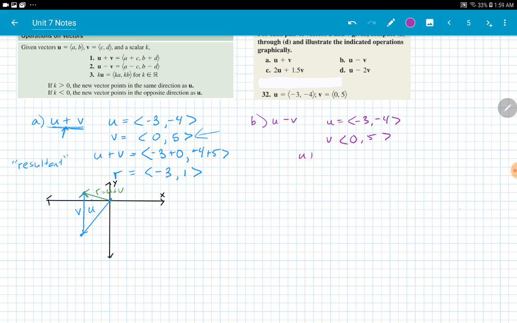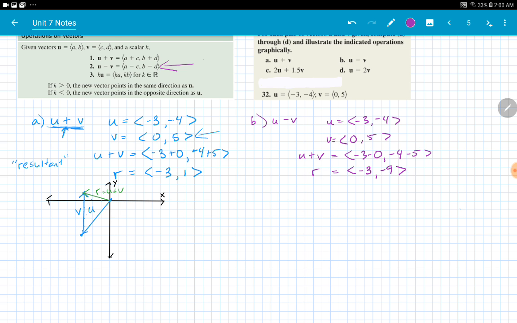So we take -3 minus 0, and -4 minus 5, using this formula. When I simplify that, I get -3, -9. I can call that R again for resultant.